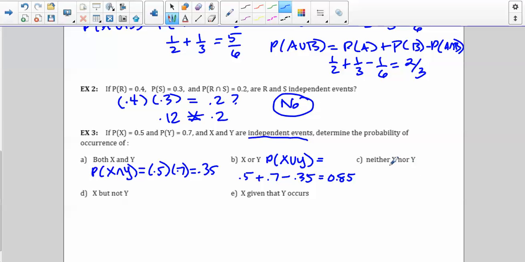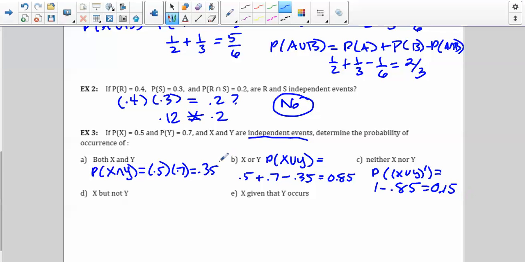The probability of neither X nor Y, that's going to be not the union. So the probability of not the union, remember that little mark there means not. And that's just going to be 1 minus 0.85, which is going to be 0.15.